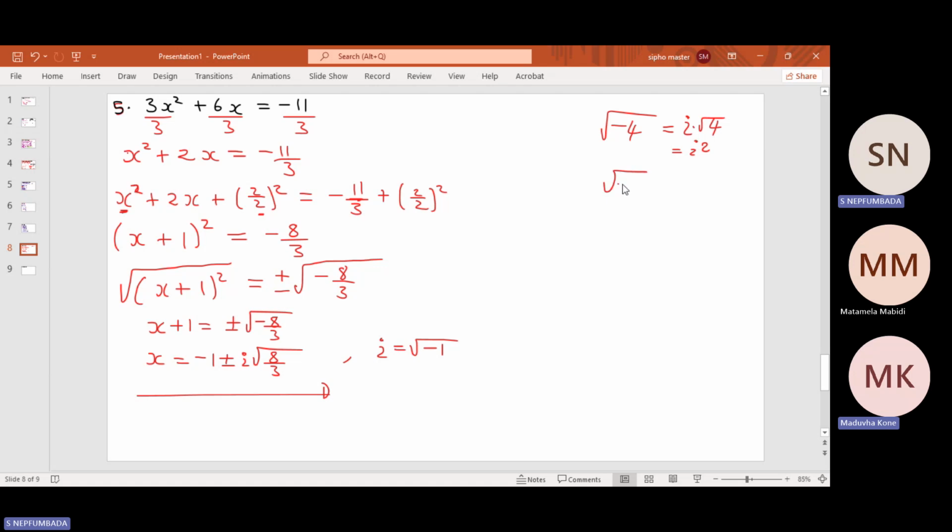Square root of negative 3 is the same as, remember, negative 1 times square root of 3, where square root of negative 1 is i. How about this? Okay, square root of negative 3 equals the square root of negative 1 multiplied by the square root of 3.